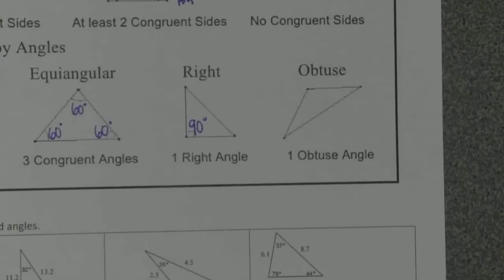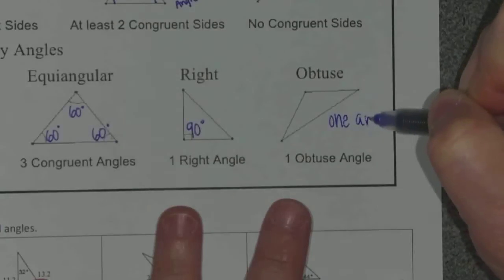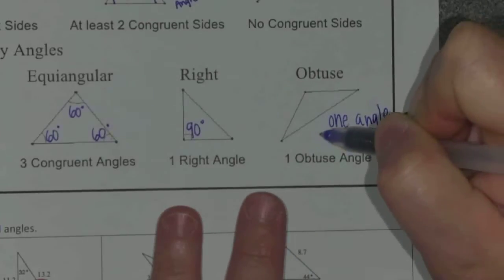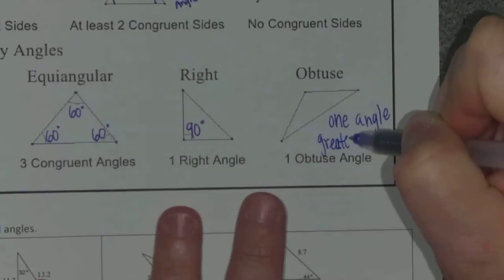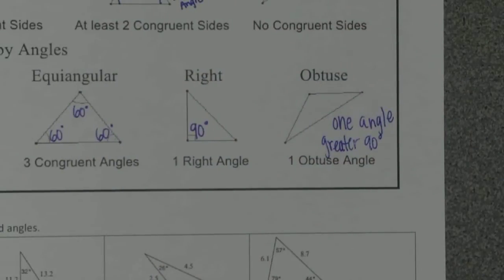And then obtuse means that you have one angle that measures how much? Yeah, greater than 90. So you have one angle greater than 90 degrees. Okay? So those are the ways that we classify triangles, by their sides or by their angles.